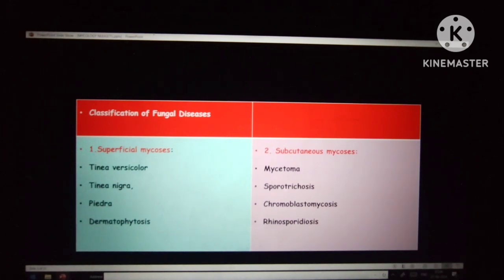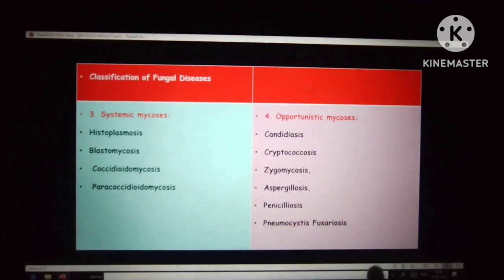The classification we have seen so far is about morphology, like yeast or yeast-like. Coming to this classification, it is based on the diseases caused by the fungus: superficial, subcutaneous, systemic, and opportunistic mycosis.